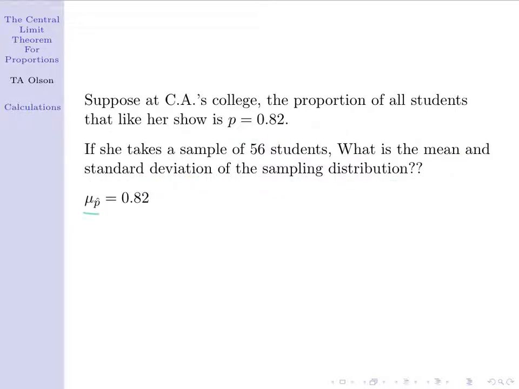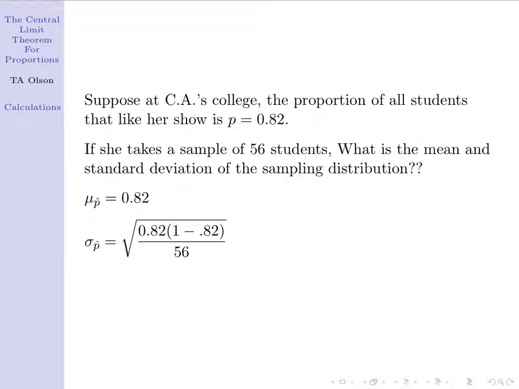What's the mean of our sampling distribution, the big hump in our normal distribution? Well, that's just p in this case. It's 0.82. The mean of our data and the mean of our sampling distribution are the same, and that's really nice. Now the next thing we need is our standard deviation, and that tells us how wide that peak in the middle has to be.